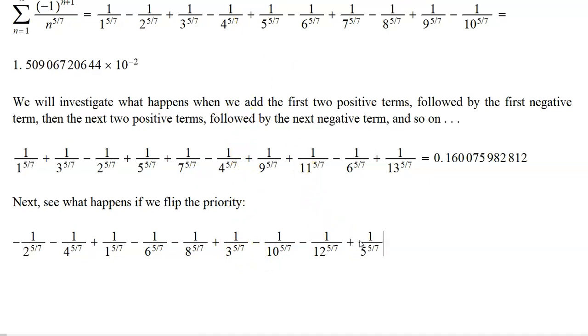And then we want negative 14. After the 12 comes 14. Okay, so those are the 10 numbers that we would get if we let 2 negatives in, followed by the next positive. 2 negatives, positive. 2 negatives, positive. Next negative is 14.